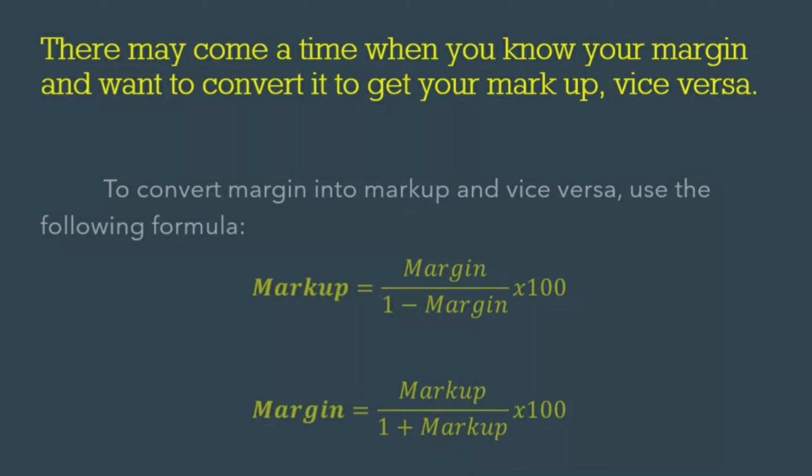Markup is equal to margin divided by 1 minus margin times 100. Okay, so for the margin, we have margin is equal to markup divided by 1 plus markup and then multiply it by 100. So, let's see what will happen.